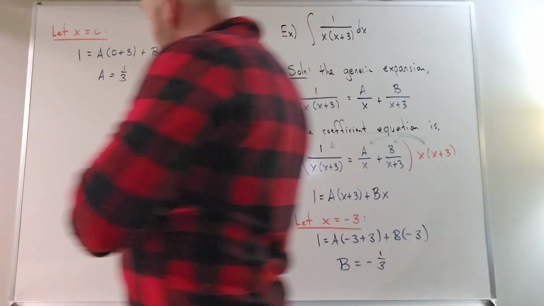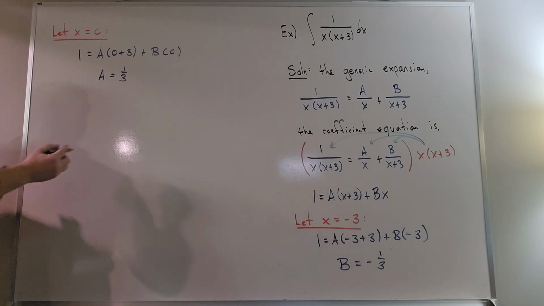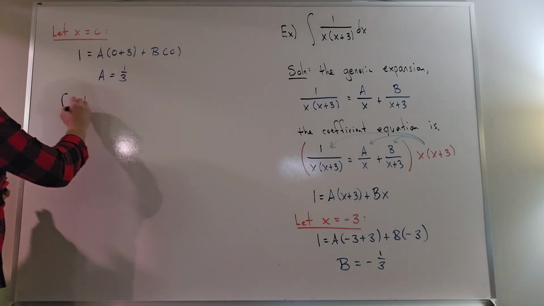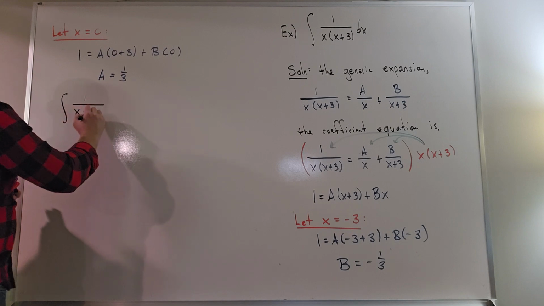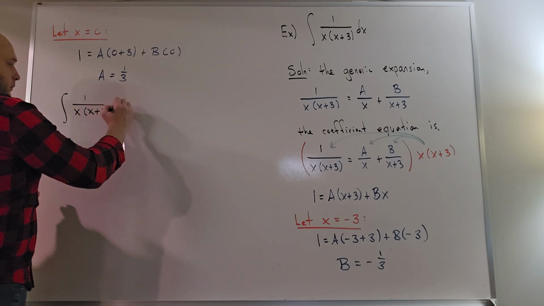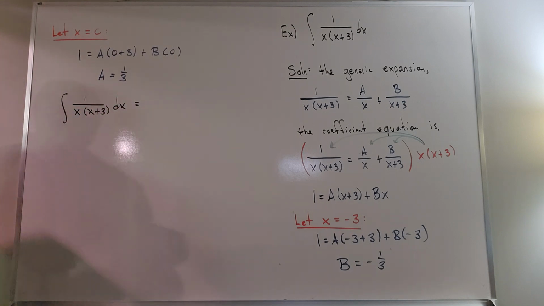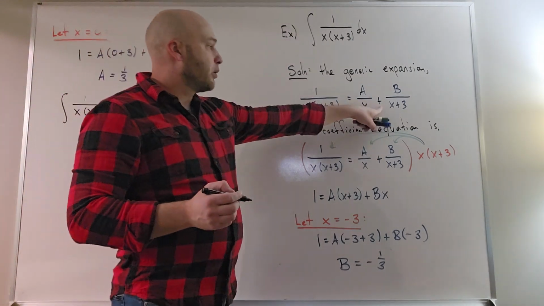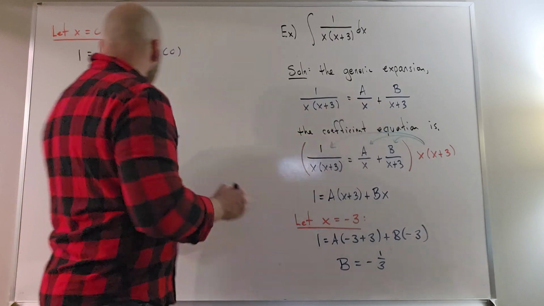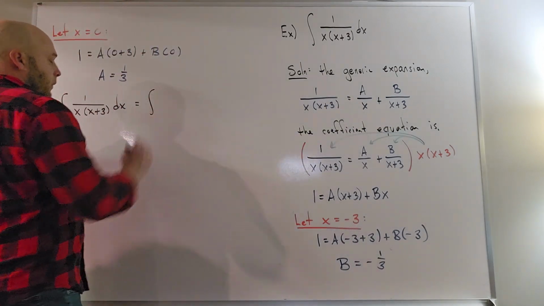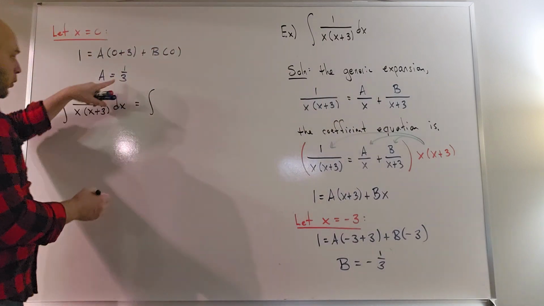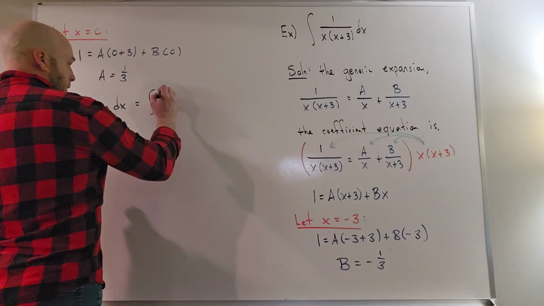So now what we do is we go back to the original question, which is: what is the integral of 1 over x times x plus 3? Well, what we just found is that that integrand is equal to this expression right here, where a and b are the numbers we just found, meaning 1/3 and negative 1/3.